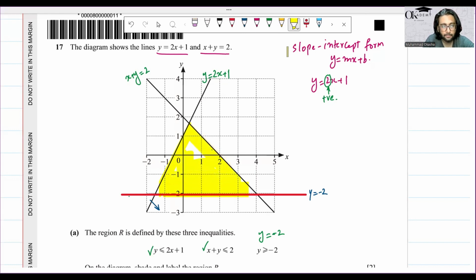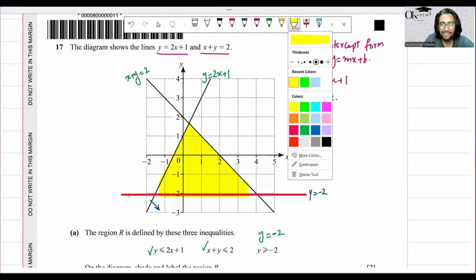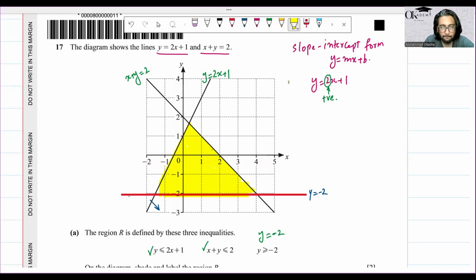So this is the region we were talking about. We just shaded this region.